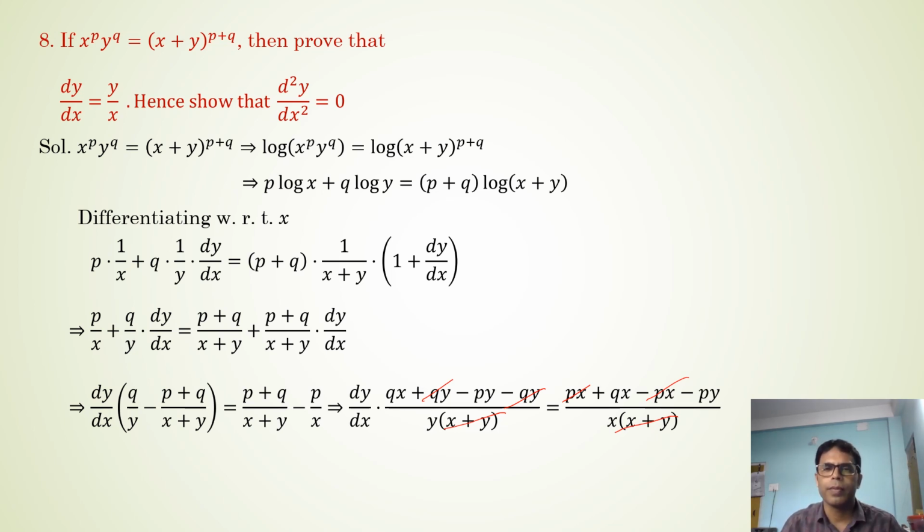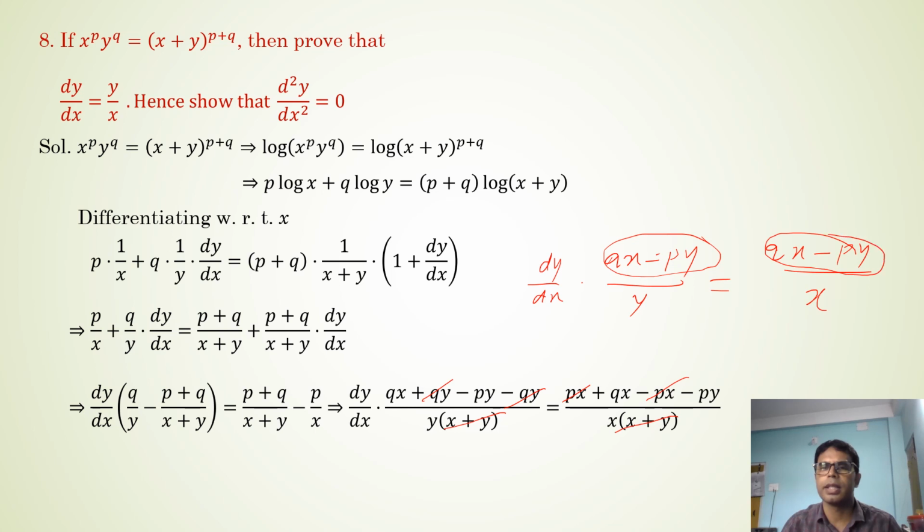Now see what remains in the numerator. On the left hand side, dy dx into the numerator, it is qx minus py divided by y, and on the right hand side we have qx minus py divided by x. Now this term is cancelled on the left hand side and the right hand side, and this y will go to the numerator.